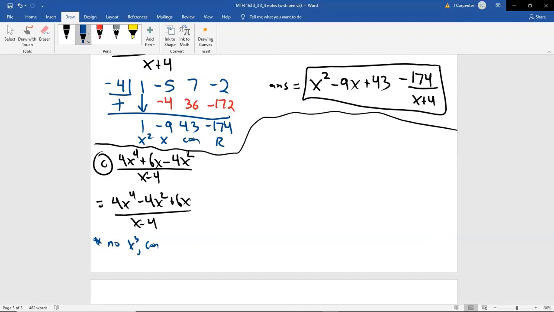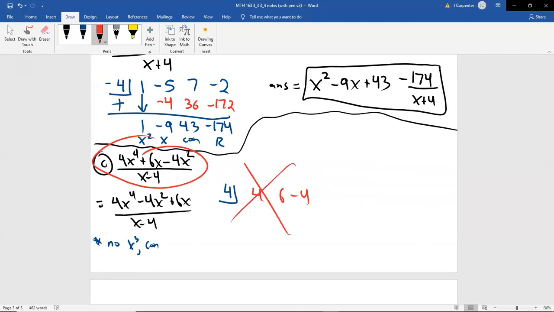So when you go to do the synthetic division for this one, because it says x minus 4 in the bottom, that means a positive 4 goes in that little half box. To the right of that go the coefficients, and I'm going to do this in red. Red is wrong. First of all, if you go with the original top, 4, 6, negative 4, this is not in the correct order. This is like putting your tens before your hundreds.